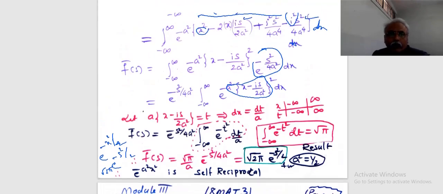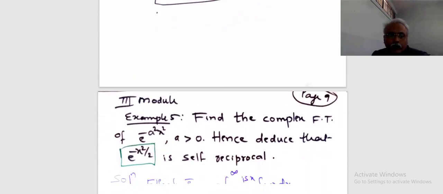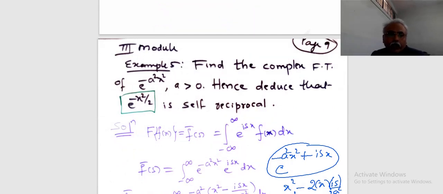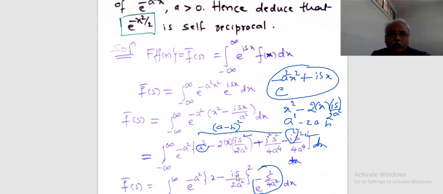Before that, let me do this example once again quickly. Example 5. Show that this part is reciprocal at last using this. So we have chosen a square equal to half. For the Fourier transform definition, put f of x equal to e raised to minus x square by 2. Then try to make it a perfect square.